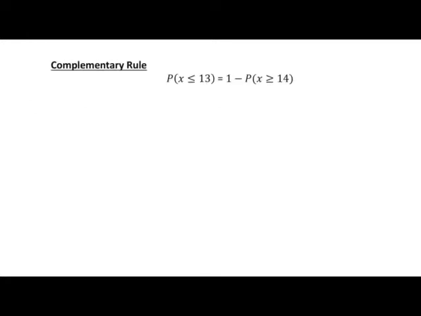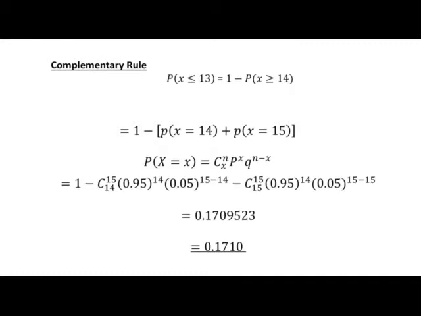Then we plug the numbers into the equation, where n is the number of students, which is 15, and x will be 14 and 15, as the numbers have to be larger or equal to 14. After calculation, we get the answer, which is 0.171.